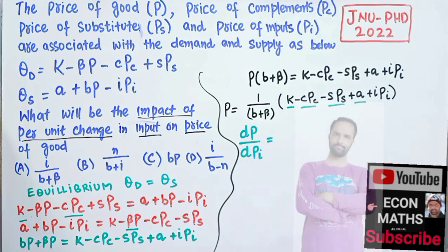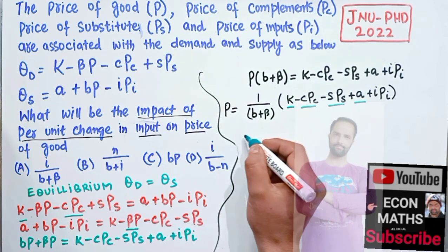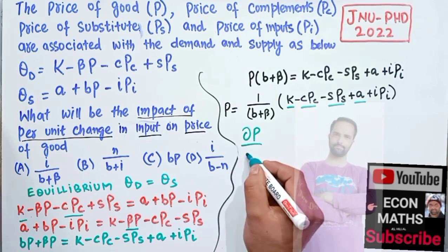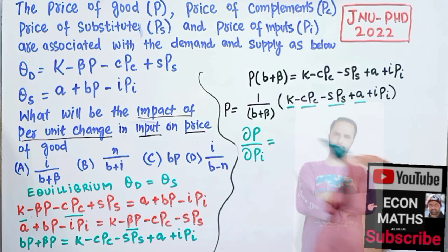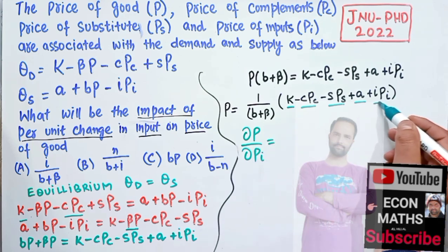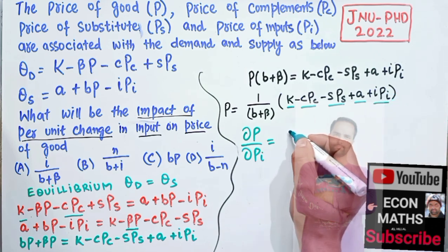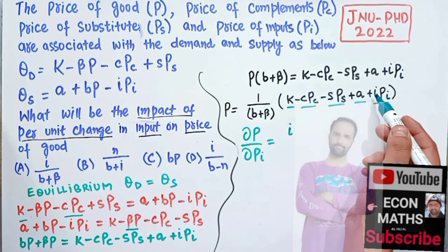Okay, so let us use the partial derivative script here. So we actually want to find out the change in the price of good with respect to change in the price of input. So only in the last term we have PI, the derivative of PI will be 1, so we will be left with only I. Okay, the derivative of all these terms will be 0.